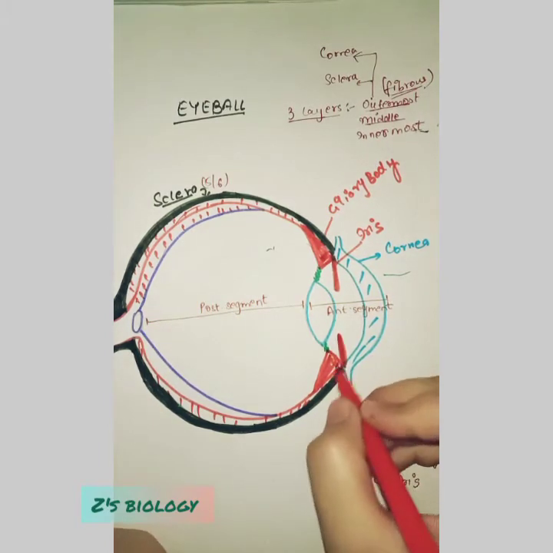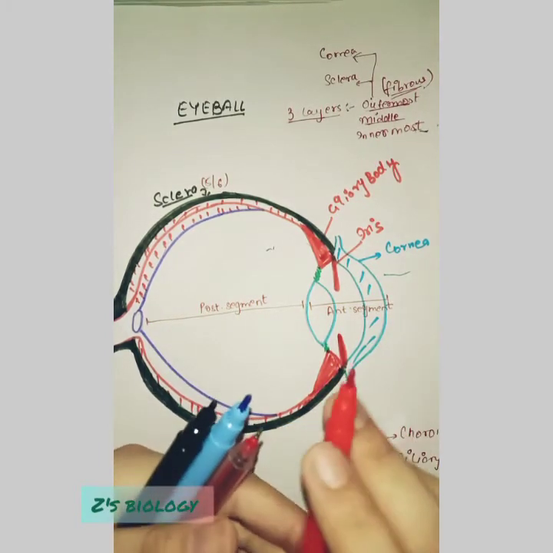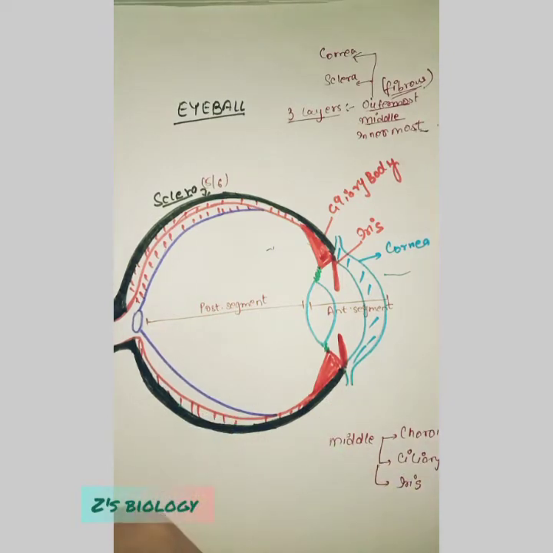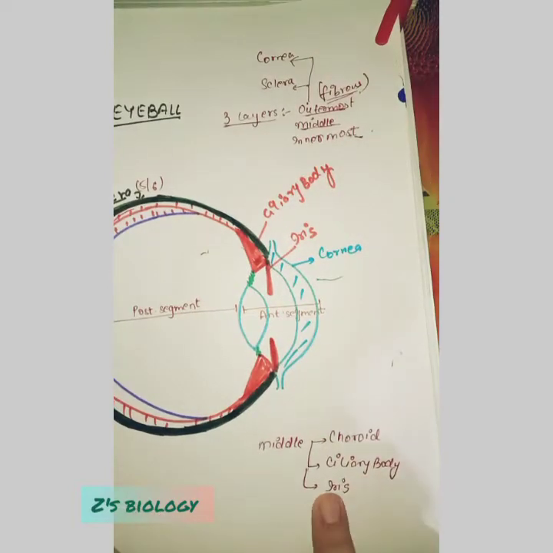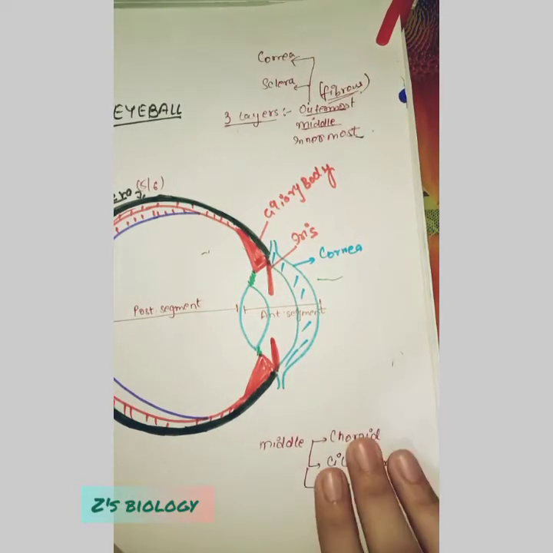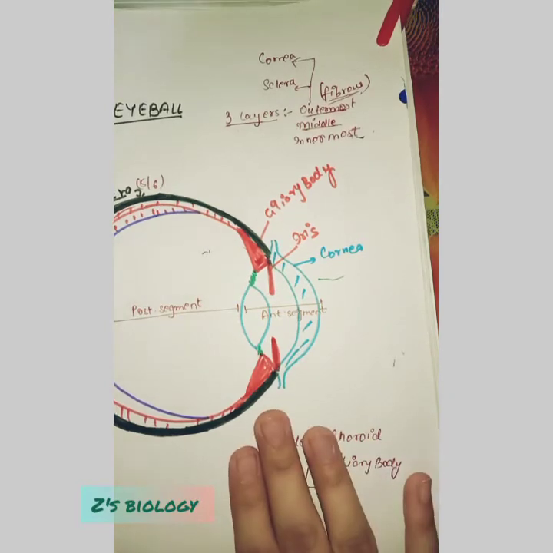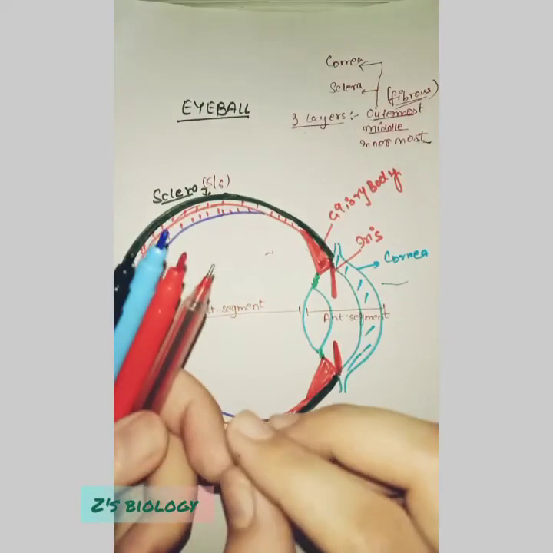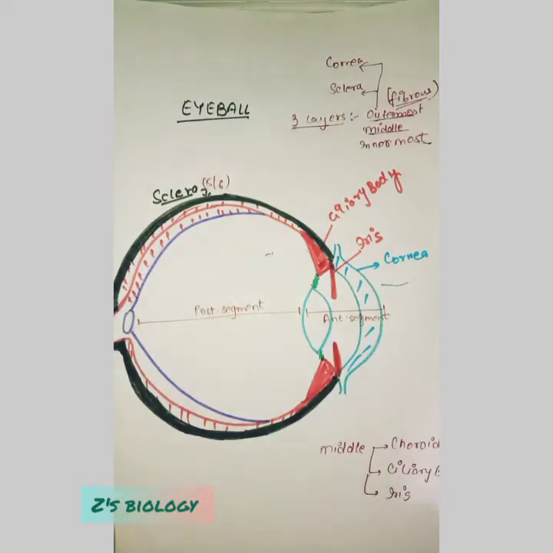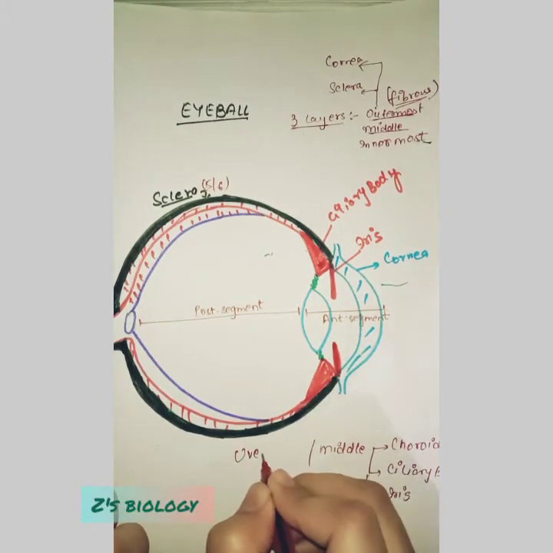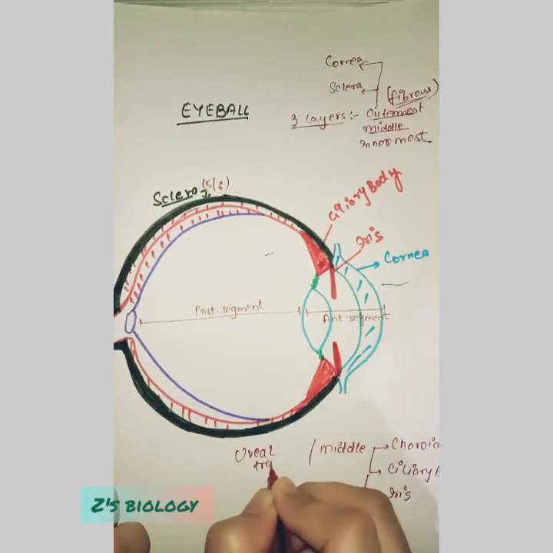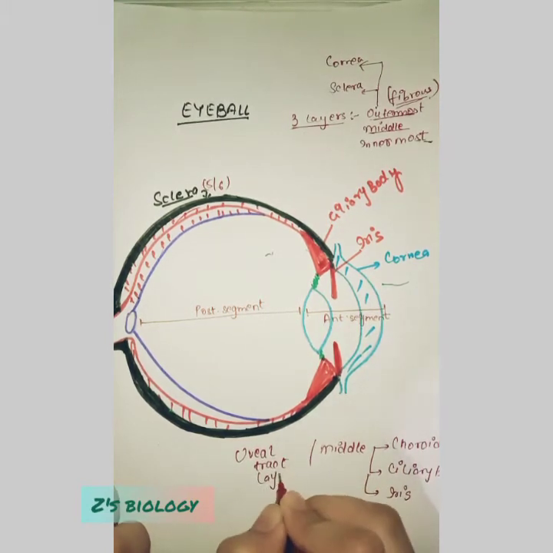So this was the middle layer of the eye, which is made up of the choroid, the ciliary body, and the iris. These all three combined make up the middle layer of the eyeball. The middle layer is also known as the uveal tract layer of the eyeball.